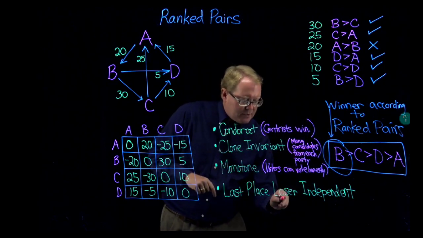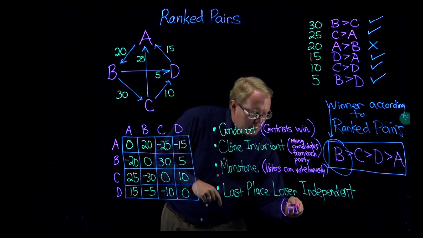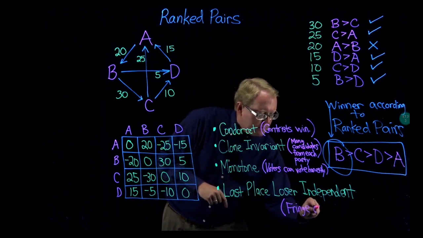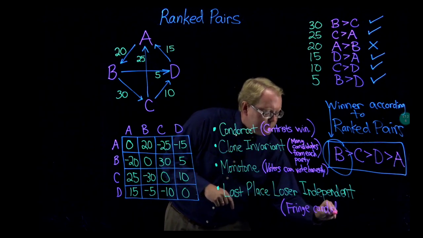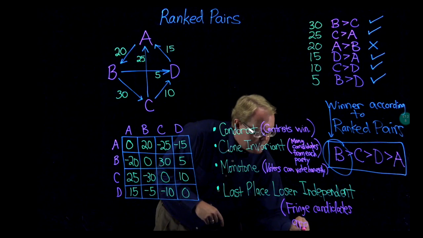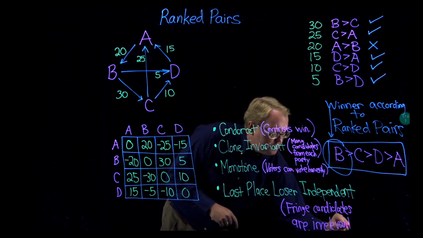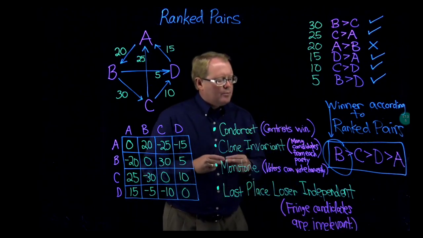And effectively, the implication is that fringe candidates are irrelevant. And I think that's an important property to have.